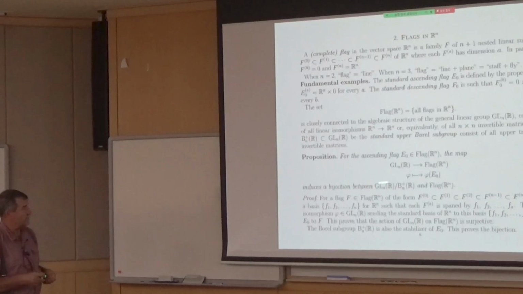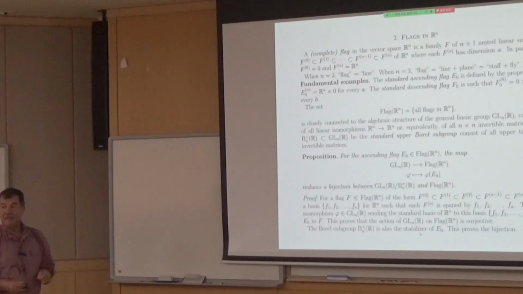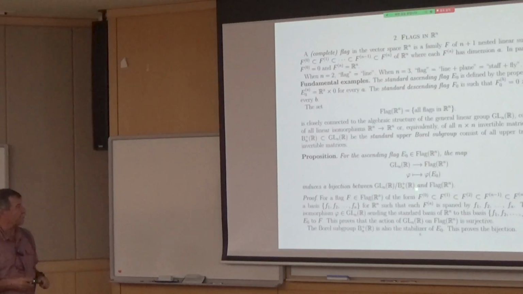It's stabilized by the Borel subgroup, the ascending flag, and that introduces a bijection between the set of flags and this quotient space.